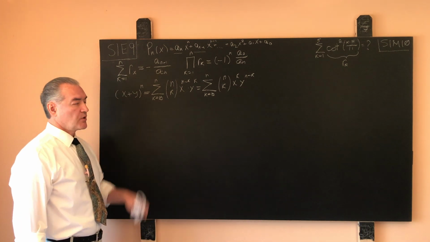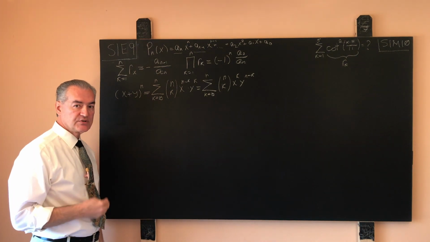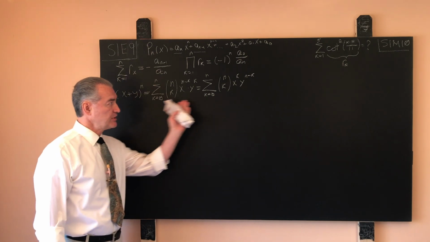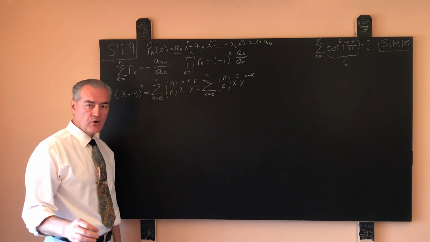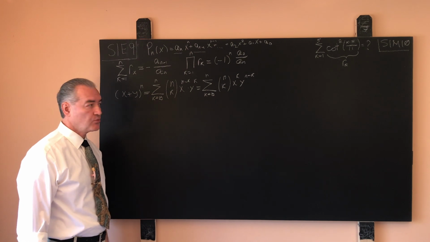For real numbers x and y, there exists a beautiful combinatorial proof for that particular mathematical fact, but for now we'll take it as a given without a proof.